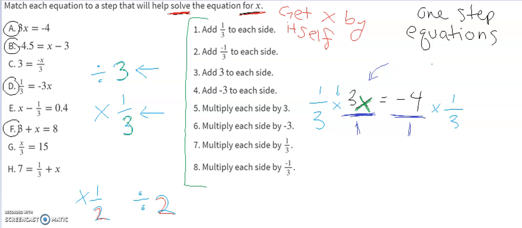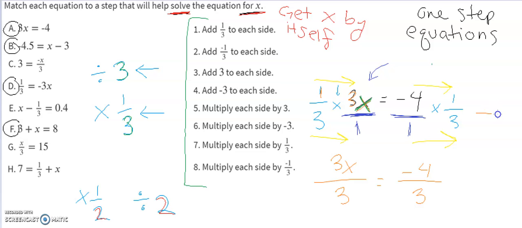Now that you have all of the involved numbers as fractions, you can multiply straight across on both the left side and the right side. On the left side, you have that 1 times your 3x, so that's just going to give you 3x. And then you have 3 times 1, which is 3. And on the right side, you have a negative 4 times a 1, which just leaves you with a negative 4, and then a 1 times a 3, which gives you a 3.